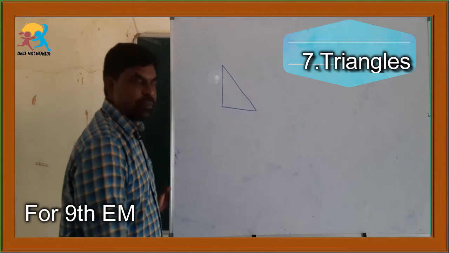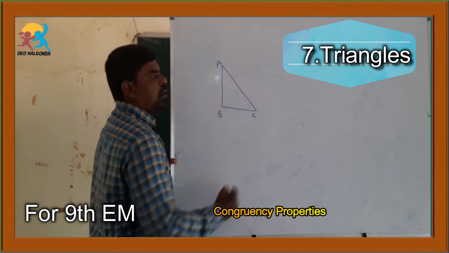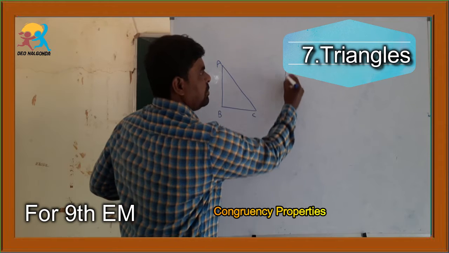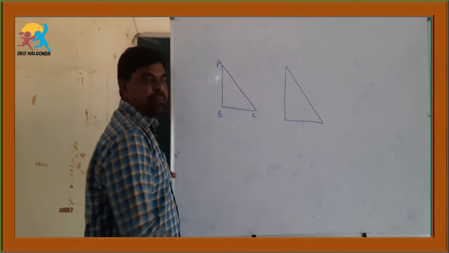This is one triangle and we will name it ABC, and I would like to take another triangle. We will keep the name DEF.